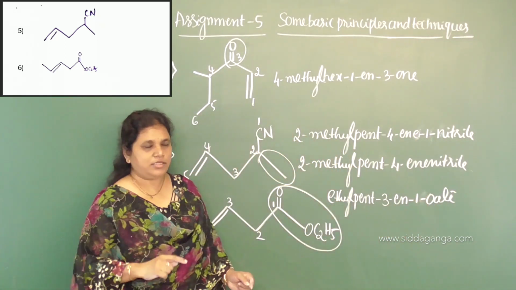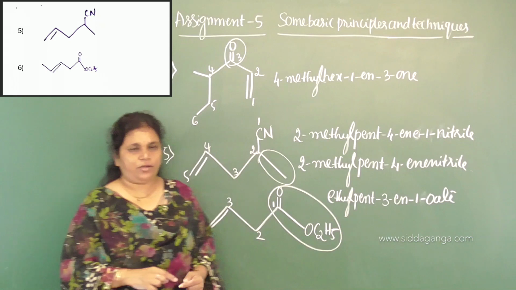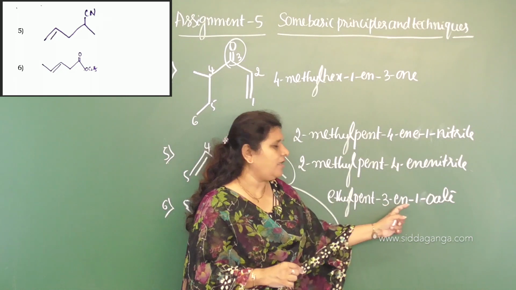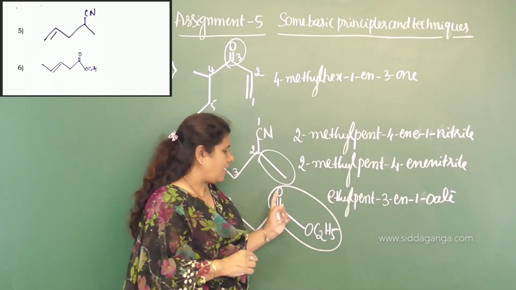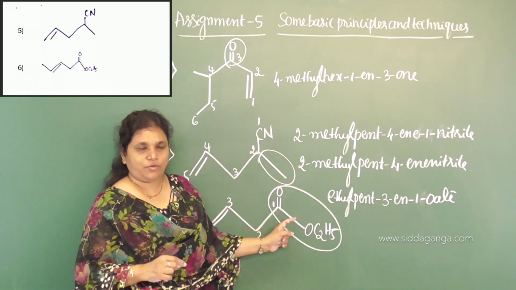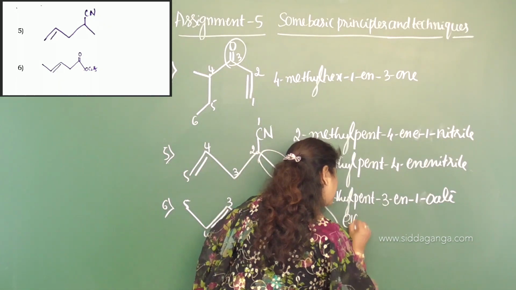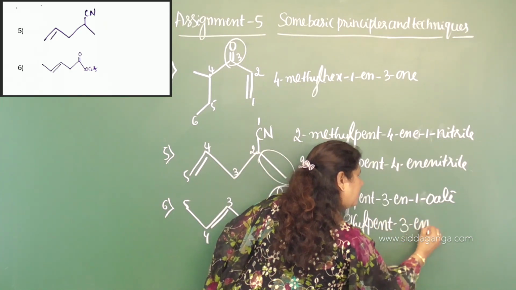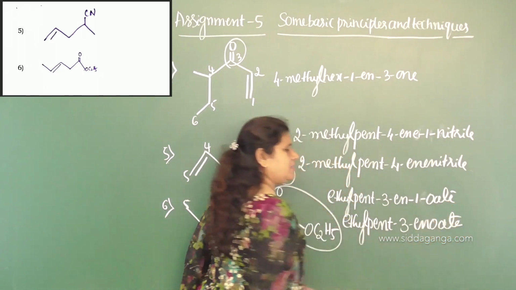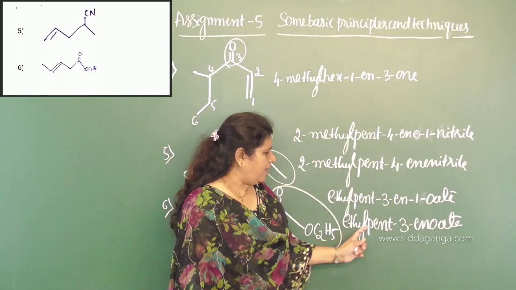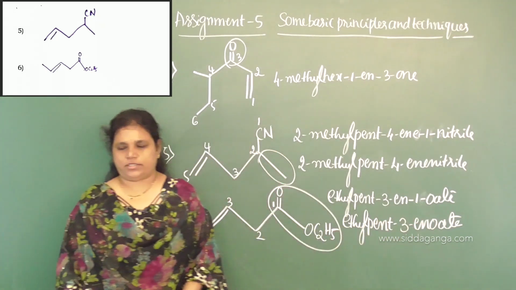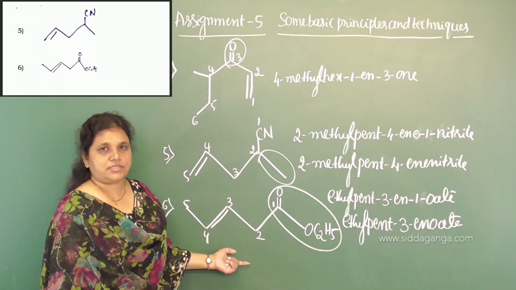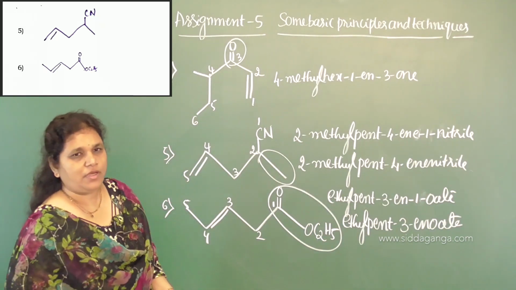Since we are having a double bond between the third and fourth carbon, we need to write it as pent-3-en-1-oate. On the first carbon we have the COO group, or you can rewrite it as ethyl pent-3-enoate. Alkyl alkanoate is the IUPAC name for esters. Clear? Now move on to the next compound.